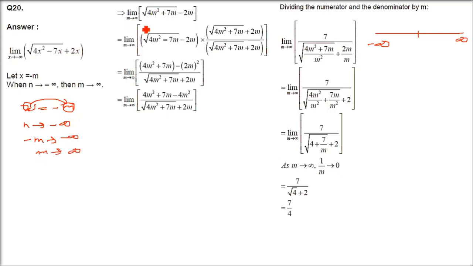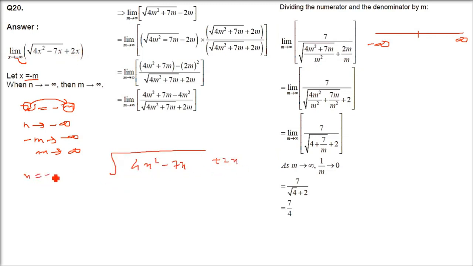That is m tends to infinity, and we replace x by minus m. So wherever you get this x term, just replace it by minus m. Just this you have to do, and this will remain true for the next question also.